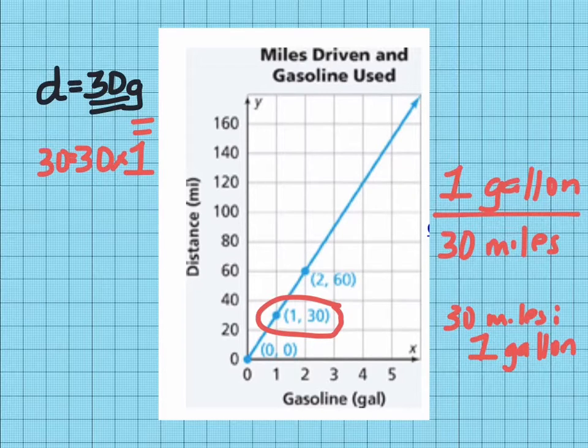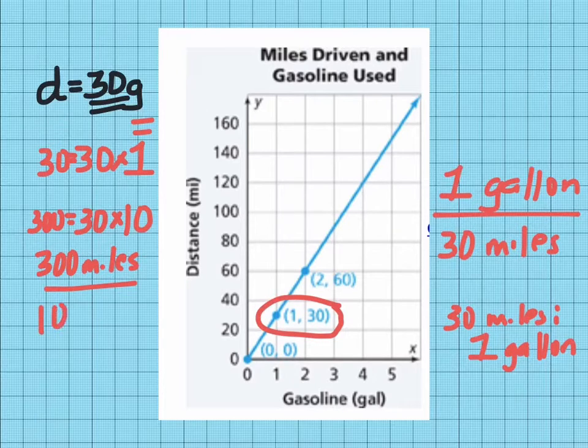So let's say I want to travel with 10 gallons of gasoline. I take that 10 and multiply it by our constant of proportionality, which is 30. 30 multiplied by 10 is 300. So I can get 300 miles if I use 10 gallons of gasoline.